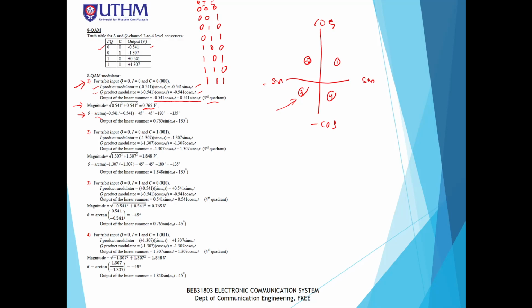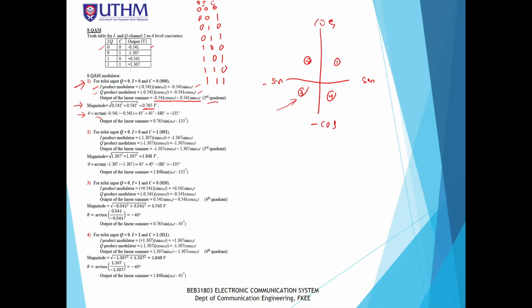Arctangent is shift tangent if you use a calculator. Shift tangent of minus 0.541 over minus 0.541. You need to change your calculator mode into degree. If you do shift tan of 1, you are going to get 45 degrees.